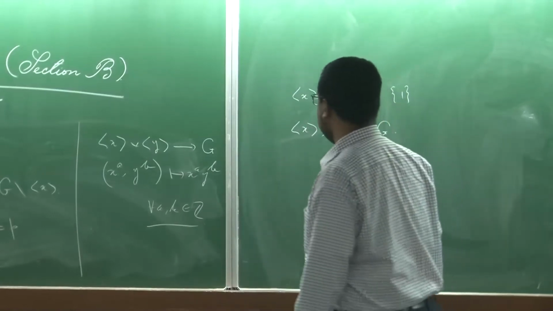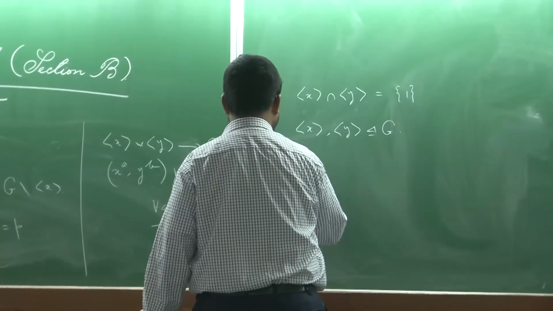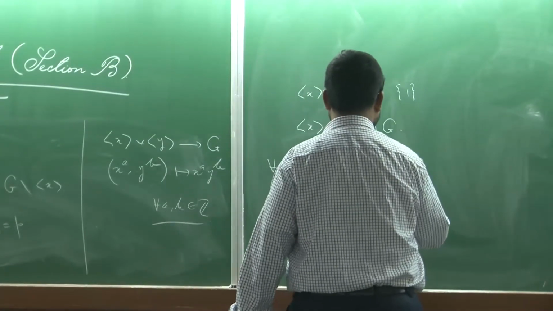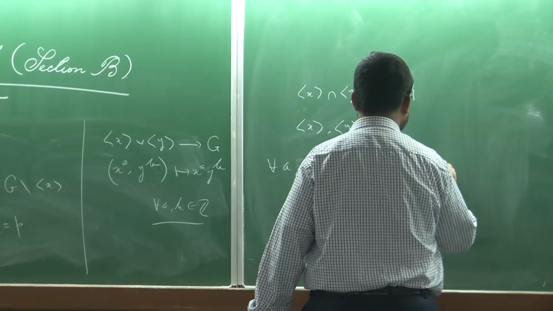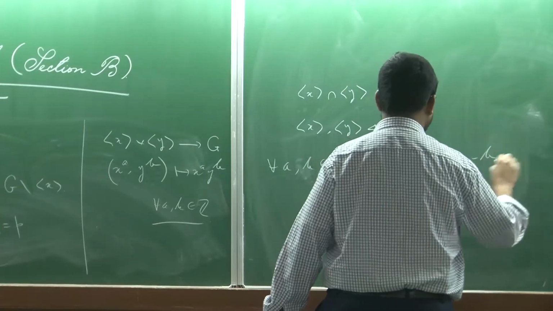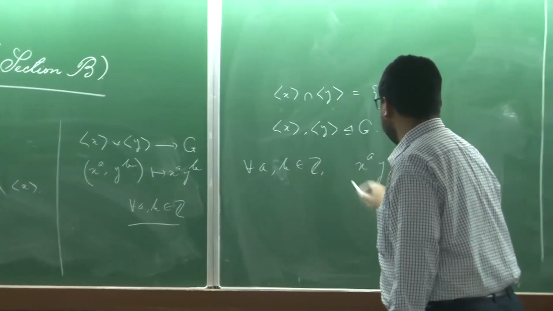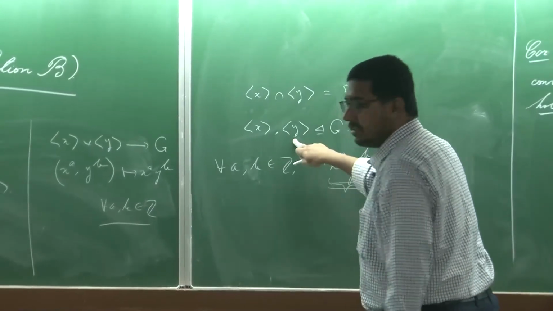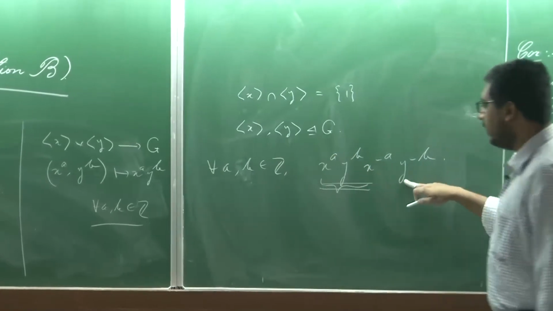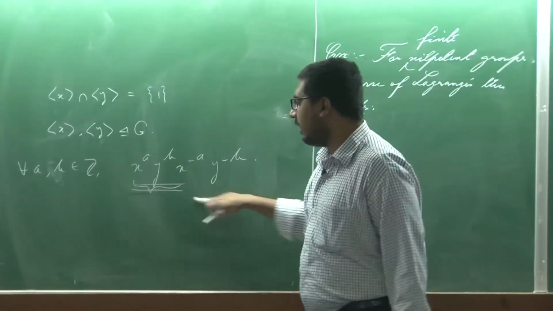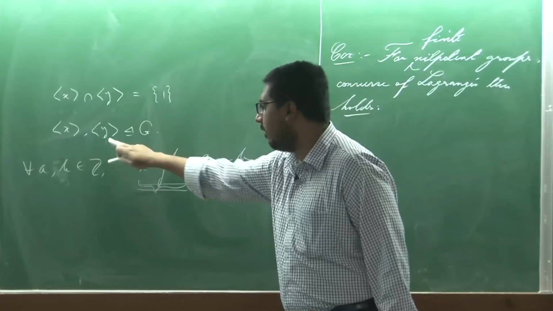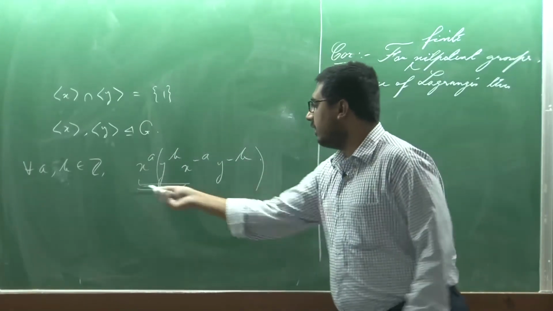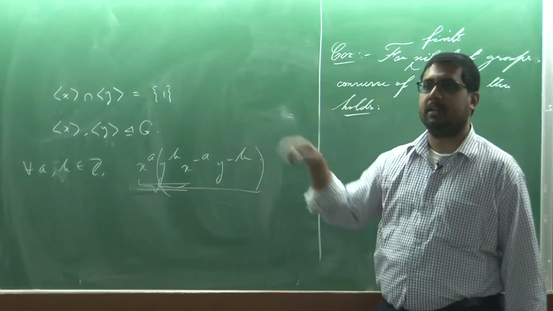Given this situation, it is now easy to see that for any a and b in Z, x to the power a, y to the power b, x to the power minus a, y to the power minus b lies in the cyclic subgroup generated by y, since that is normal. Similarly, if we group the terms the other way, the same thing lies in the cyclic subgroup generated by x.